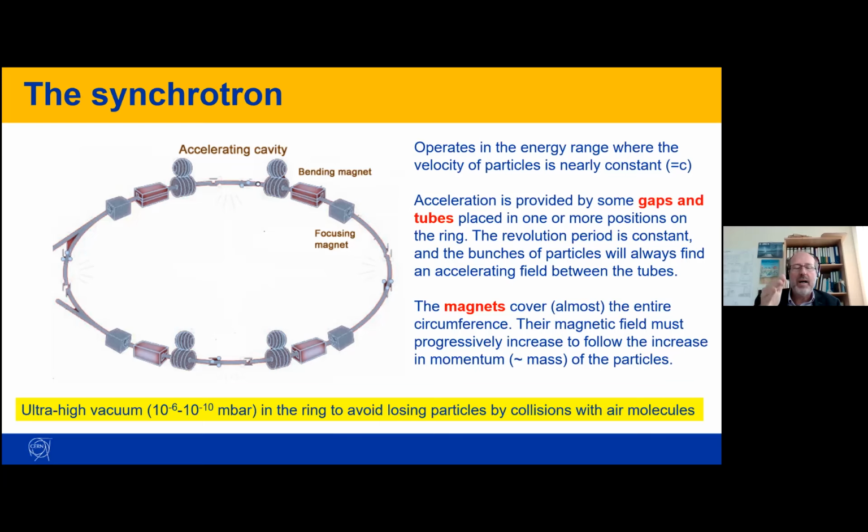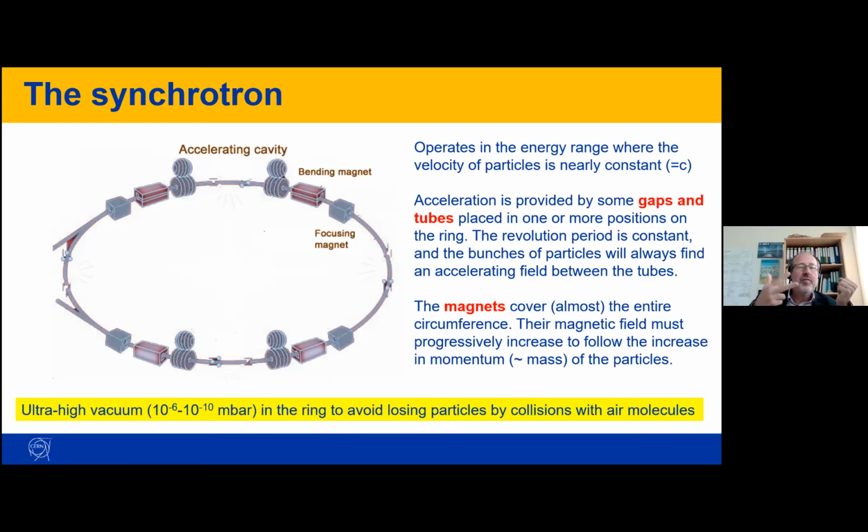Then between one bending magnet and the other, the particles go straight, and they go through two other types of elements. Accelerating cavities, basically one or more gaps, like those that you have seen before, where the particles get acceleration.